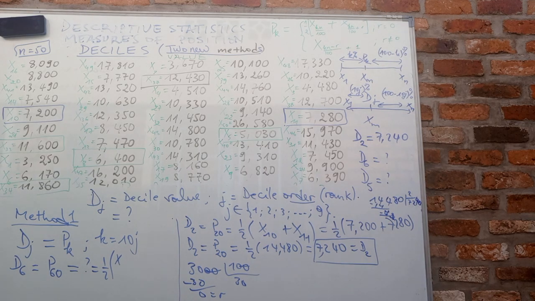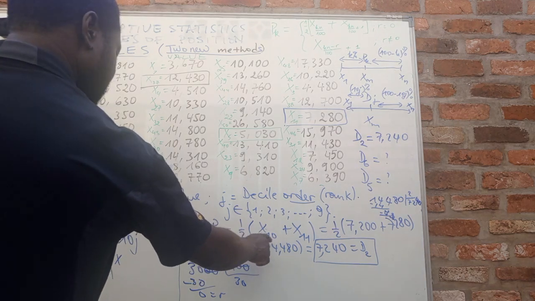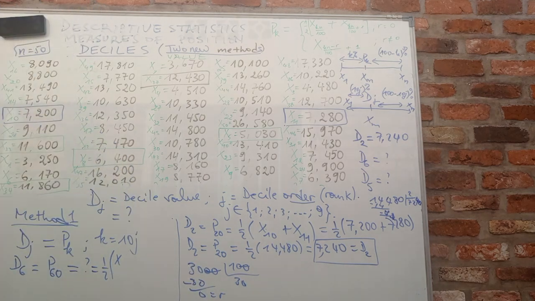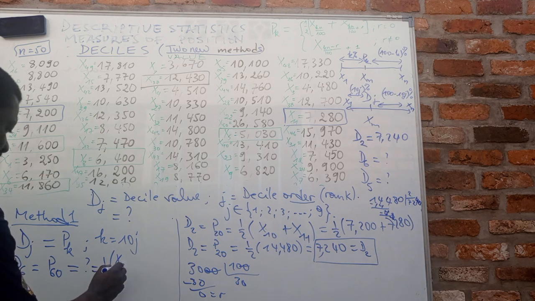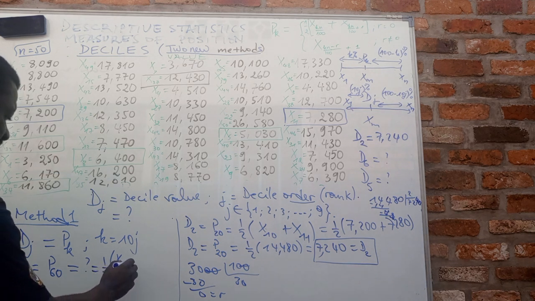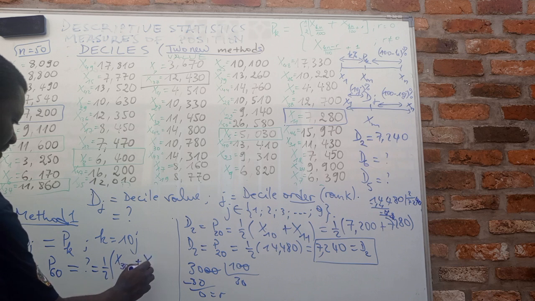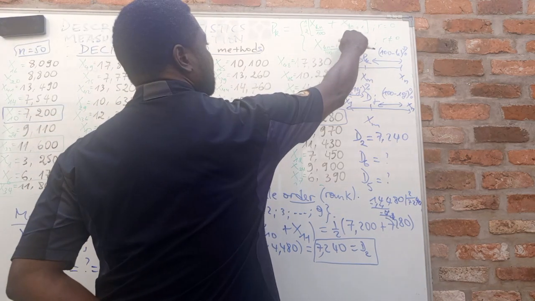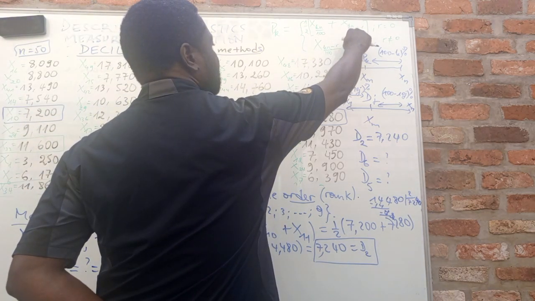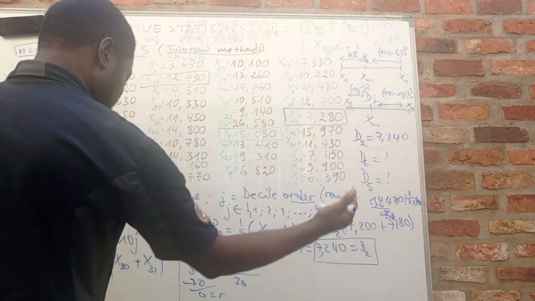In the first case, we found sub 10; here, sub 30. For this x sub 30, we are going to add x sub 31, because when we divide kn over 100, we find 30, plus 1 is 31.